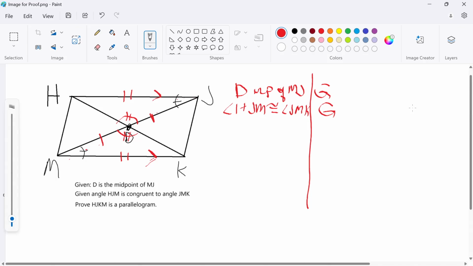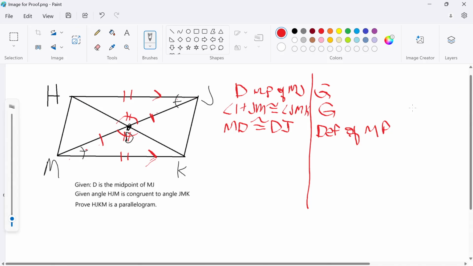That's a given. And so now, from there, I got that the measure of MD is the same as the measure of DJ. And again, sometimes they want you to draw more steps, and you have to say they're congruent. But anyway, that is definition of midpoint.